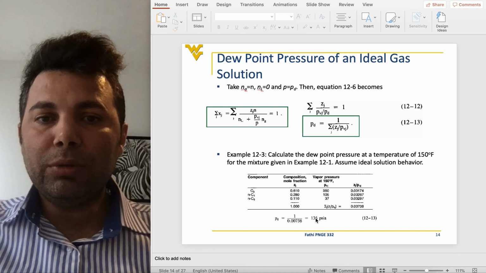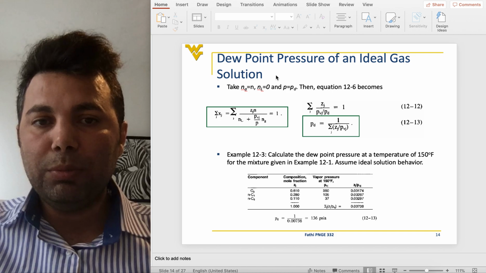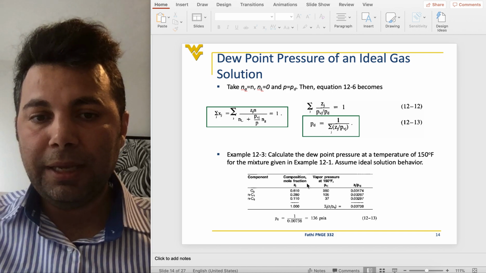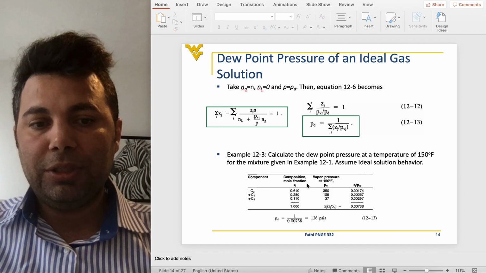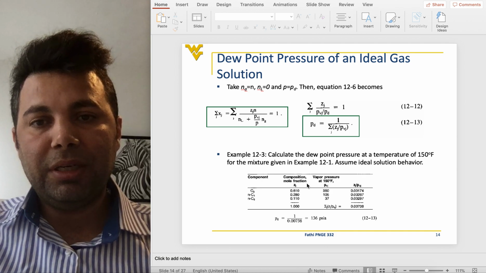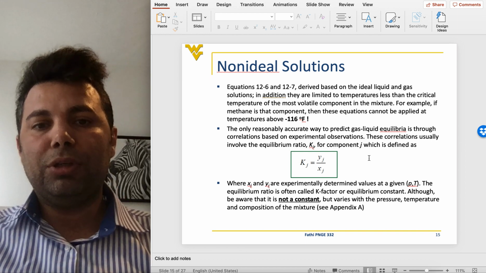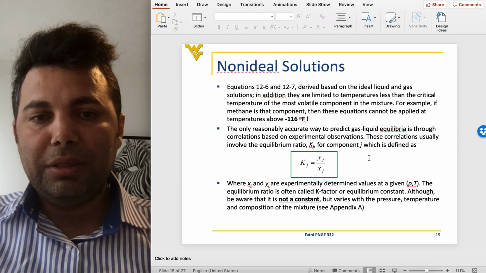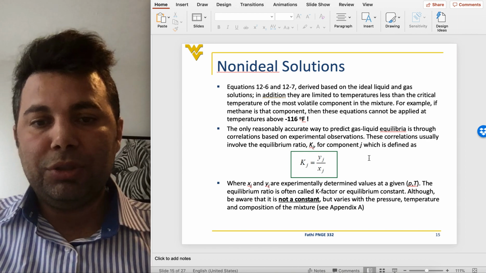And we're always going to use the bubble point pressure and dew point pressure that can be calculated using ideal solution as an initial guess for the real solution calculations. Just remember that. But in the case of real solution or non-ideal solution, we know there were a couple of problems regarding not being able to have the methane as a liquid at regular temperatures and all that.